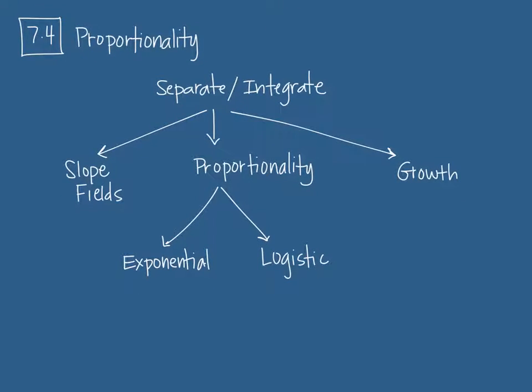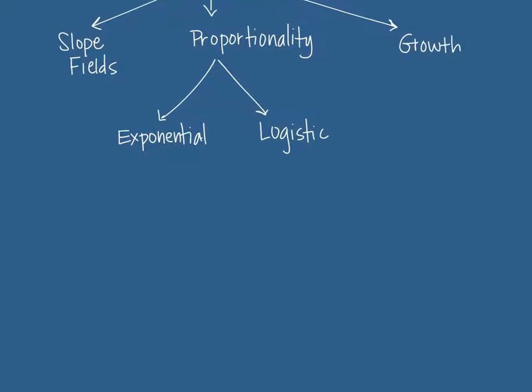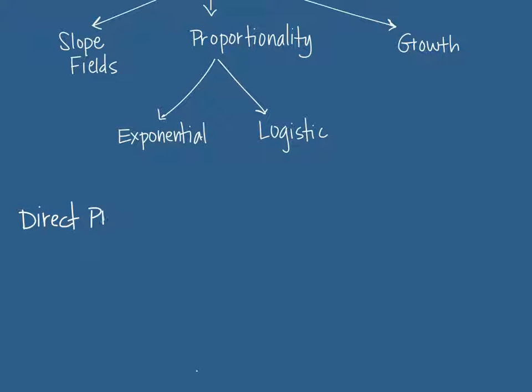So let me talk with you about proportionality. We're going to deal specifically with direct proportionality. There is also inverse proportionality. We're going to deal with that later. We're going to deal with direct proportionality.